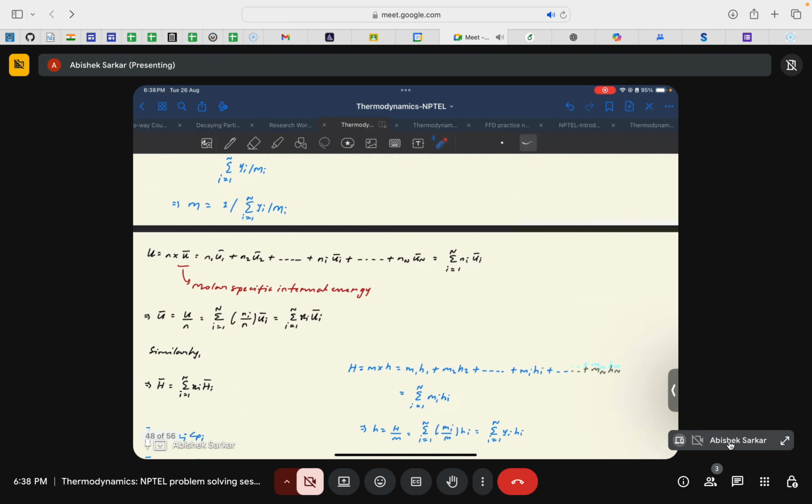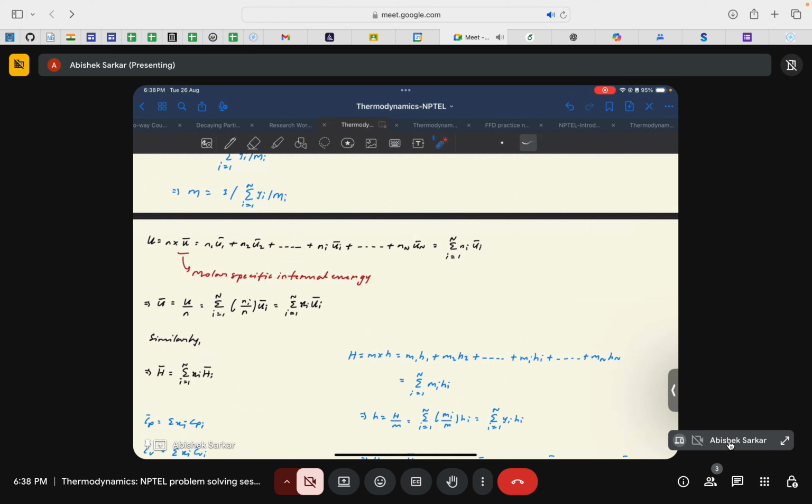Similarly, now if you represent this u bar to be capital U by N, that is the molar specific internal energy. I'm sorry, the representation is sometimes vague from my end, but I hope it is understandable. That's why I'm reiterating each and every term, so that there is no confusion.